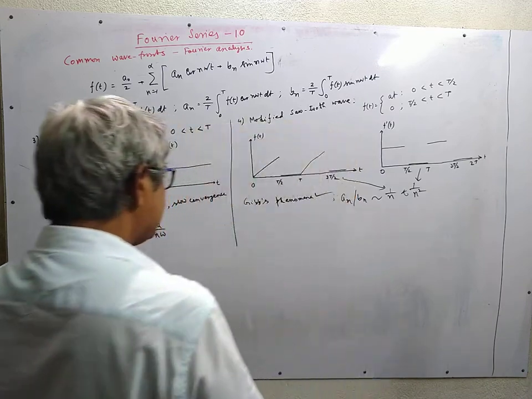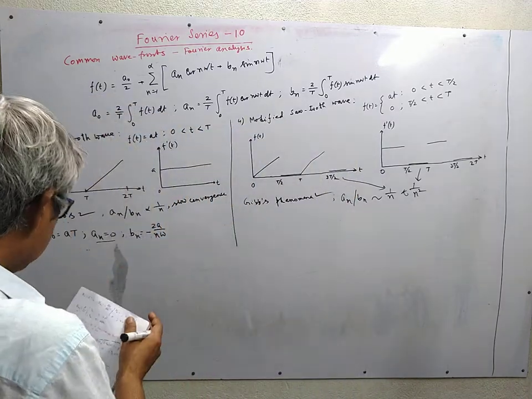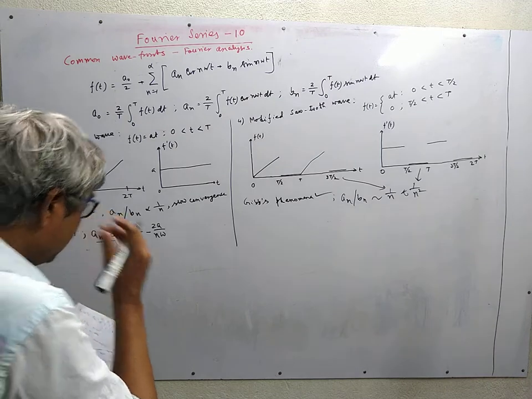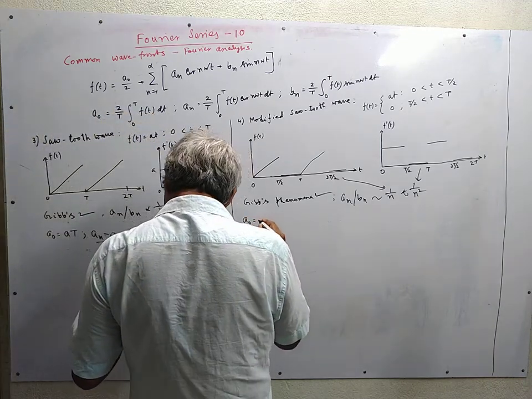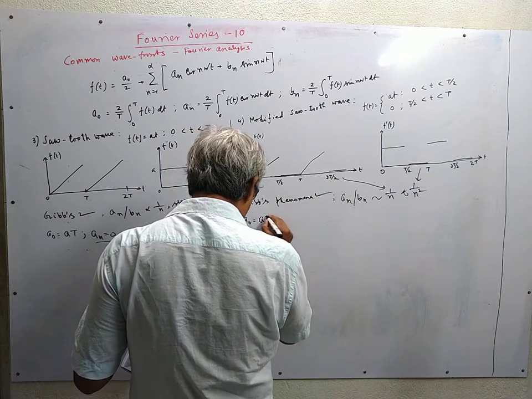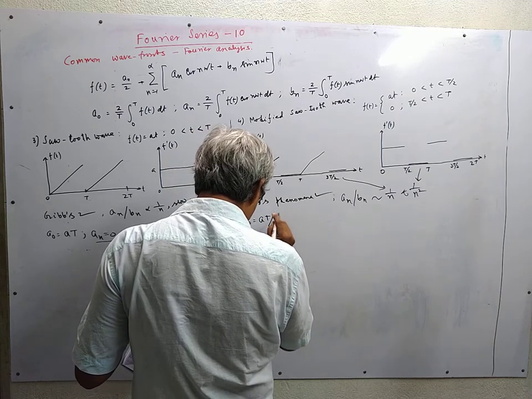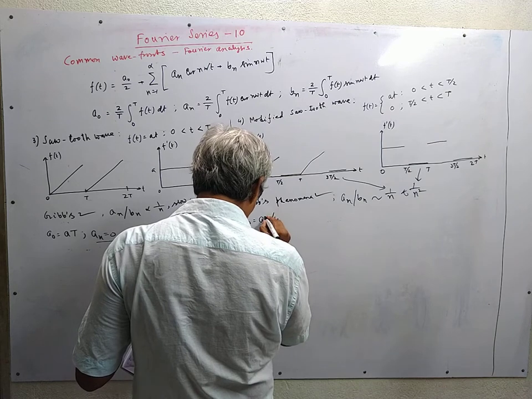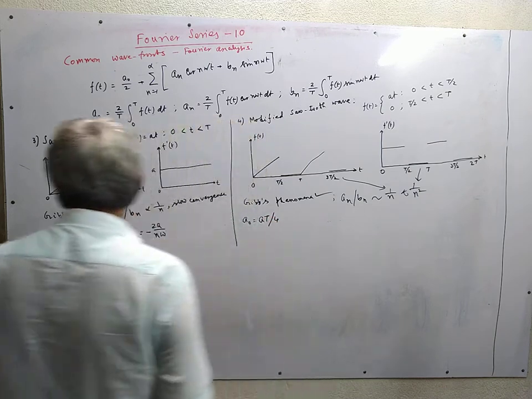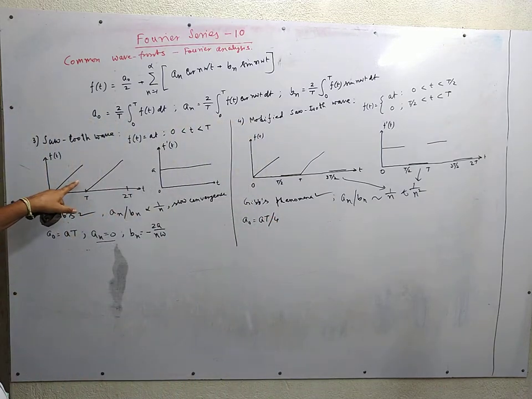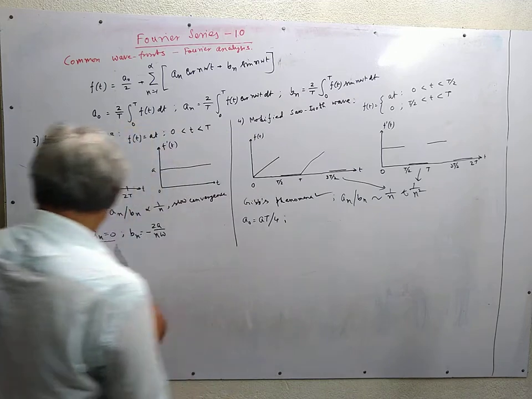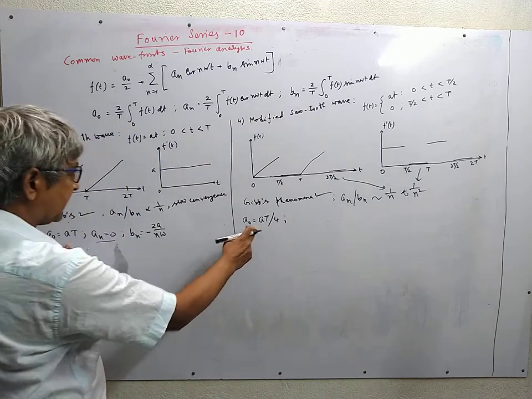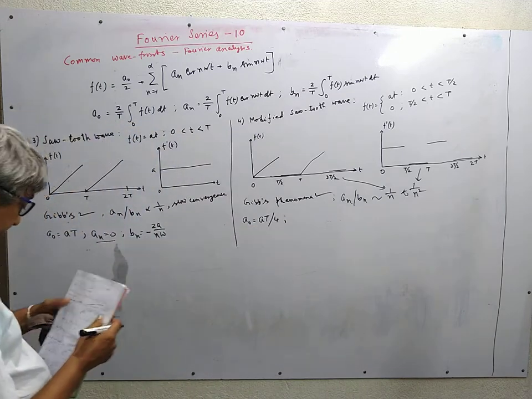Now the explicit calculation: a0 is A by 4. Obviously, the average value of this one will be higher than this, and since the second part is half, you see that this is the average value.